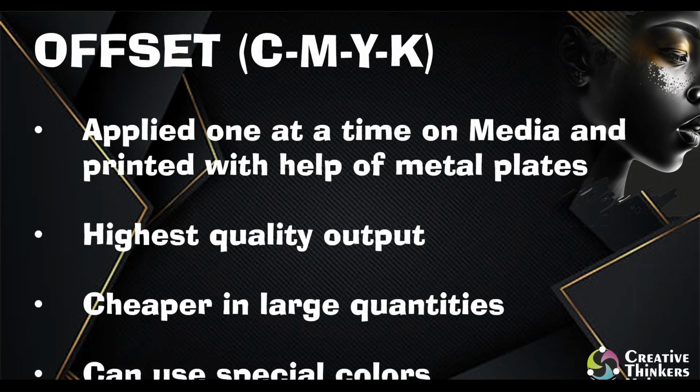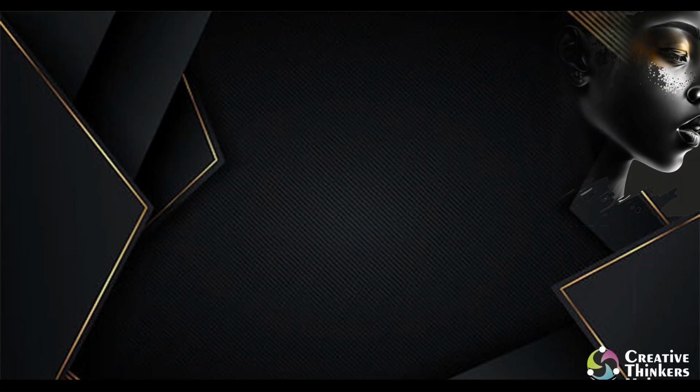You can use special colors now because it is all on different drums. Every color is a different drum, so you can print special colors on those drums which are vacant. Once the 4 colors are over, you can print special colors on any 1 or 2 drums, and therefore special colors, metallic colors, Pantone colors are allowed to be put into this.